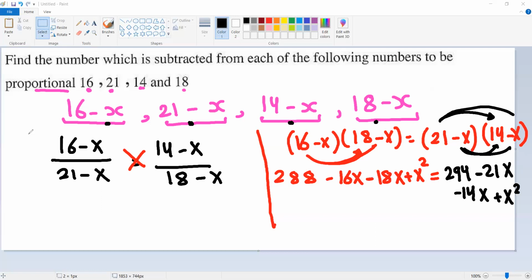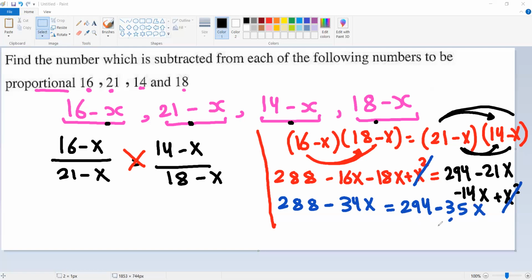Okay. After that, cancel x to the power of 2 here and x to the power of 2 there. You are left with 288 minus 16x minus 18x, which is negative 34x, equals 294, and the negative 21x minus 14x is negative 35x.